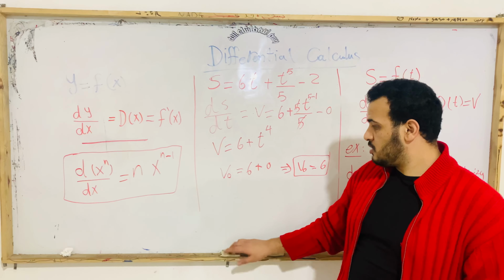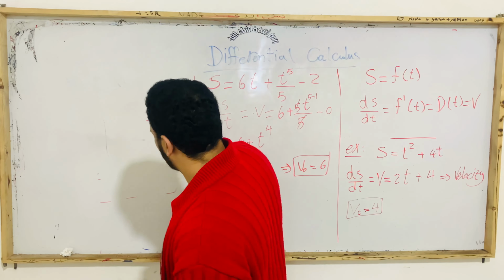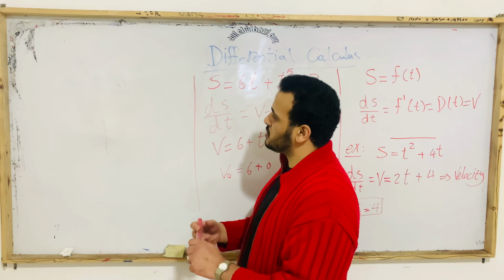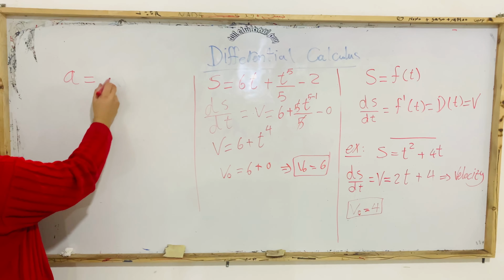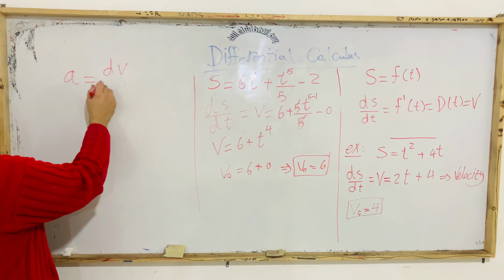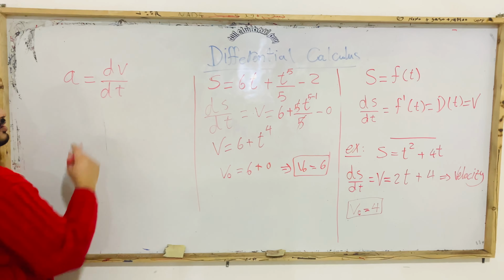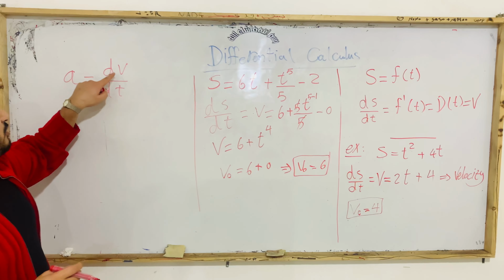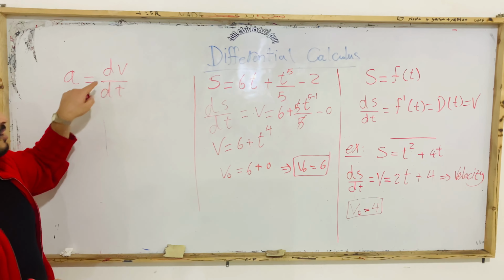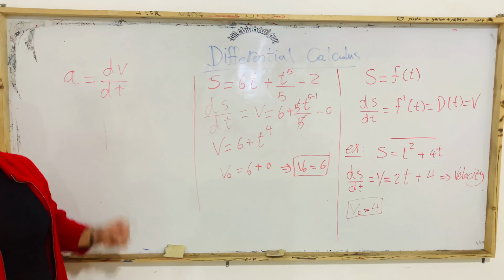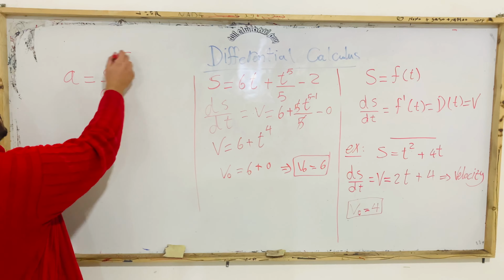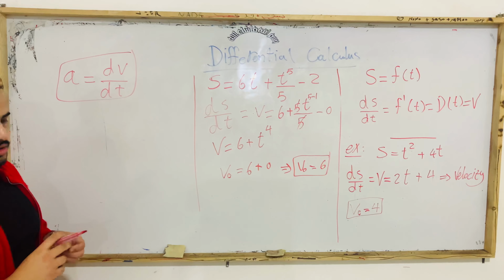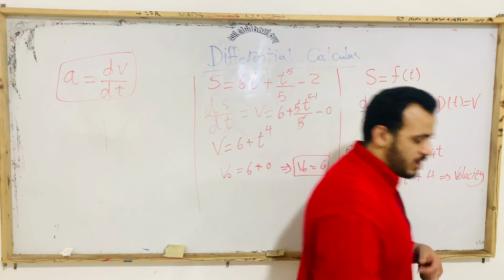So acceleration is going to be equal to dv by dt, the change of velocity by the change of time, right? Okay, let's plug in an example for this point, and it's going to be the last one, by the way.